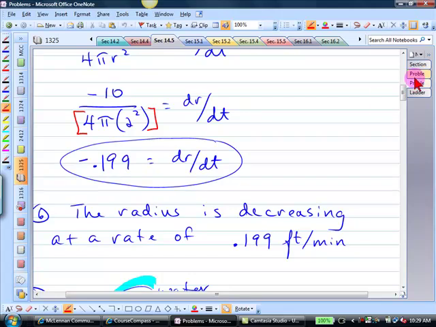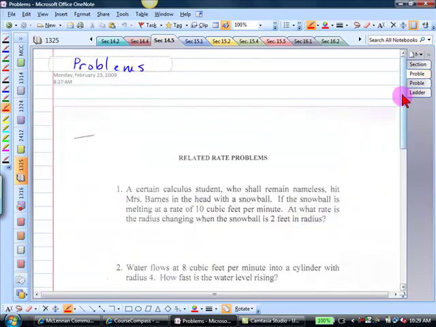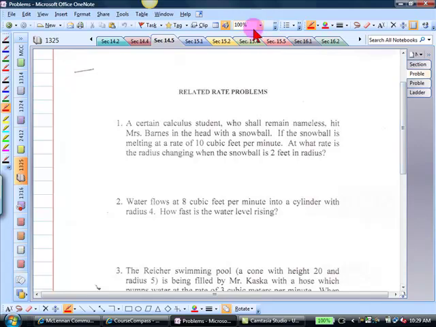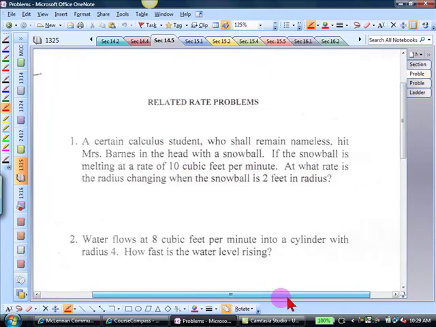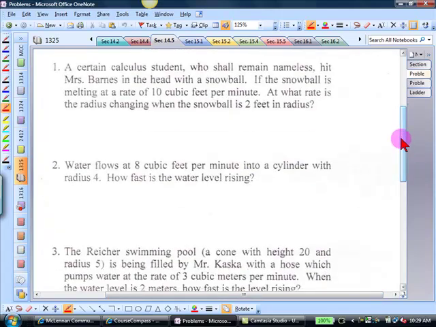All right, let's look back at the second problem. Make that a little big again.